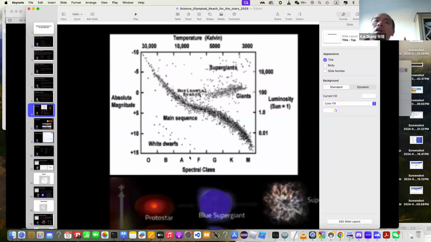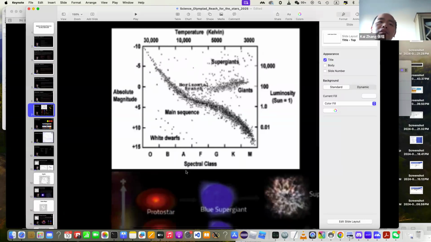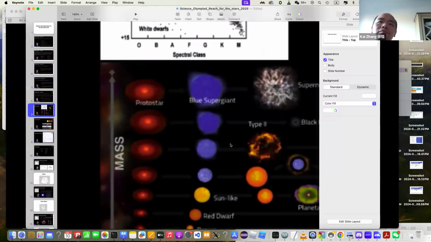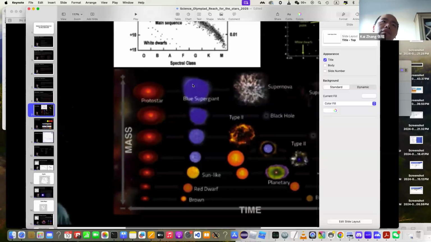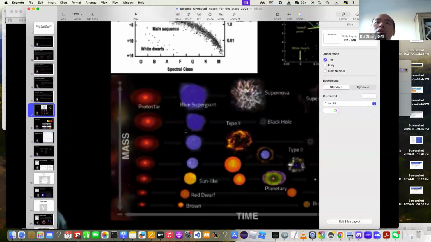That is basically the color. You can look at the picture here, and that tells you the color. When you have a very massive star, it is a blue supergiant. That tells you it is blue, right? That is how you determine the different types here.